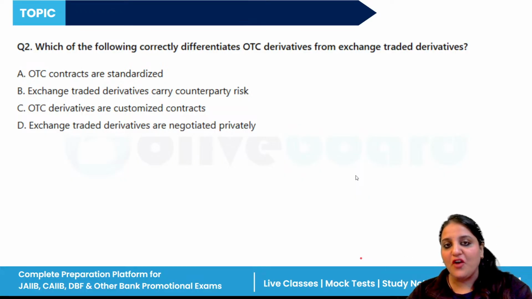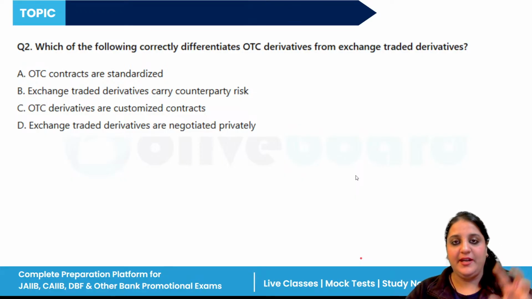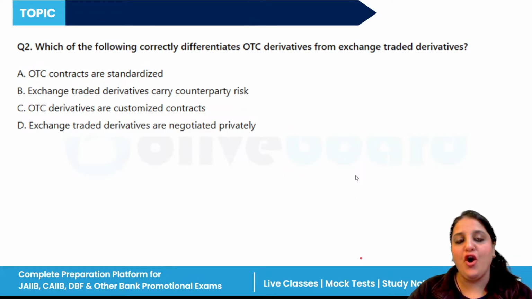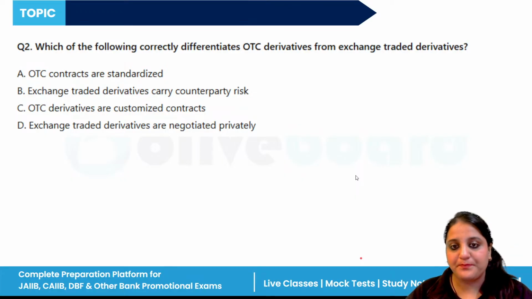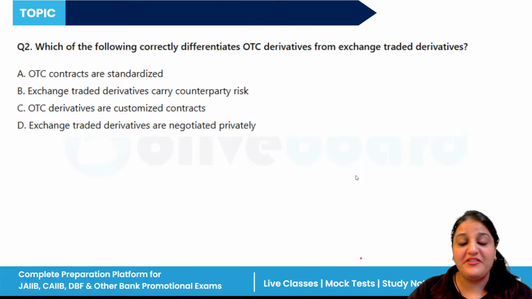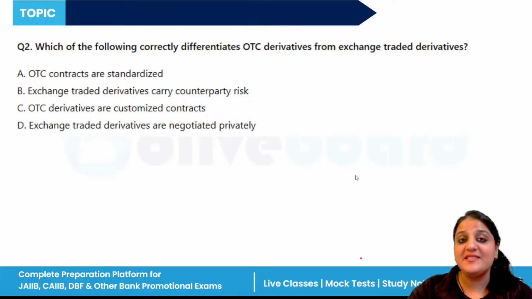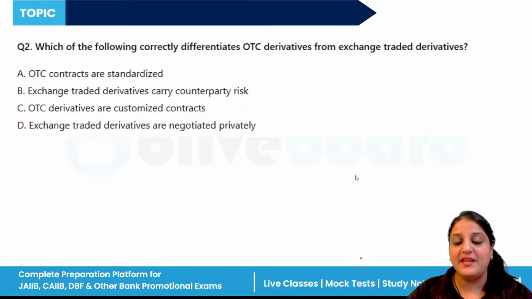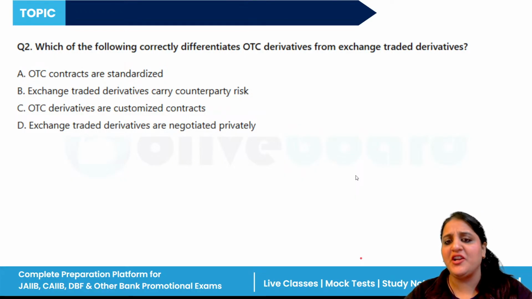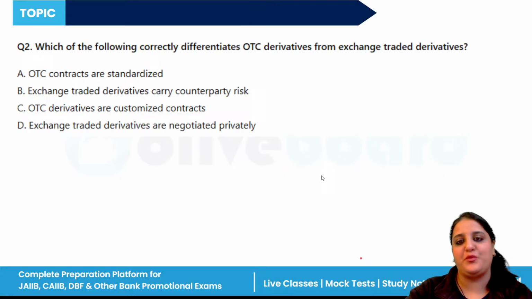And what is the meaning of exchange traded derivatives? These are traded on recognized exchanges. Standardized contract size and maturity are there. Transparent screen based pricing is there. Exchange becomes the counterparty, and there is a daily margin system which eliminates the counterparty risk.